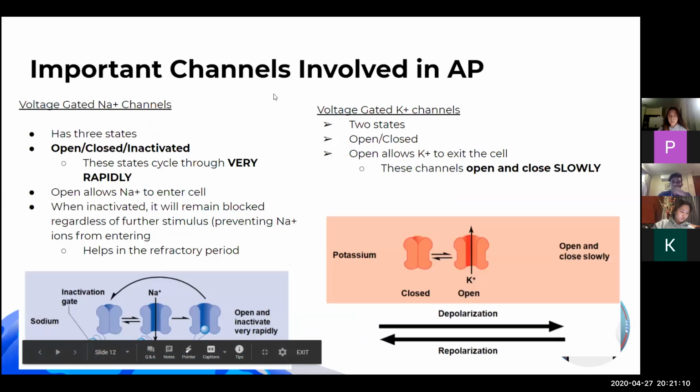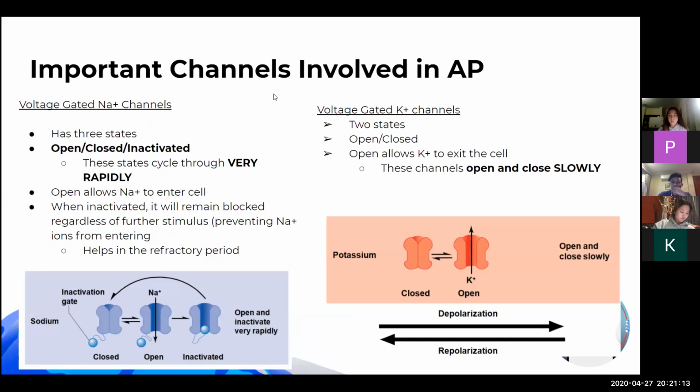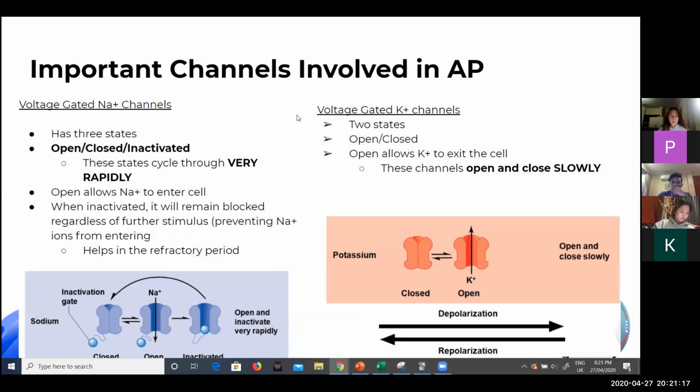So Peter's already given an introduction to the important channels involved. One of the more important types is voltage-gated channels, and for that we have 2 main important voltage-gated channels: one is our sodium-gated and one is our potassium-gated. Our sodium-gated is the more complicated one, I would say, because it has 3 states: open, closed, and inactivated.